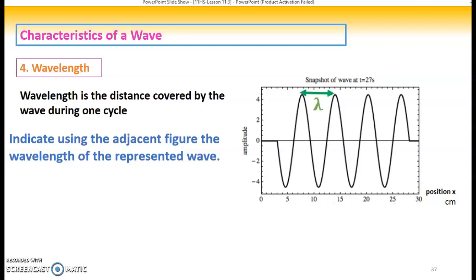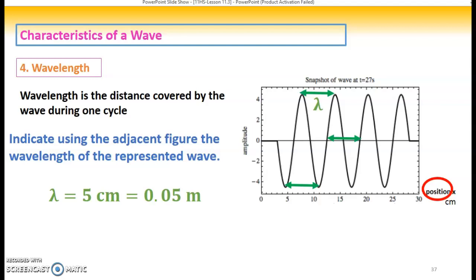So lambda could be measured between two consecutive crests, or two corresponding points in phase on the equilibrium position, or two consecutive troughs. So here lambda is given in centimeter, we have to convert it to meter.